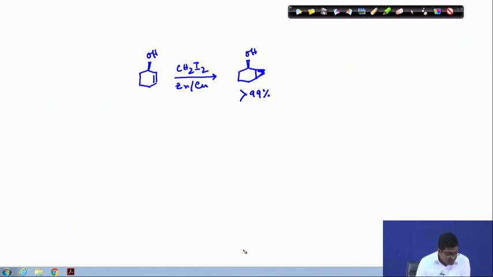The probable reason behind this selectivity is the coordination between the heteroatom, here let us say this oxygen, and the zinc atom. So, coordination between this zinc atom and this hydroxyl group in the transition state explains this stereoselectivity.